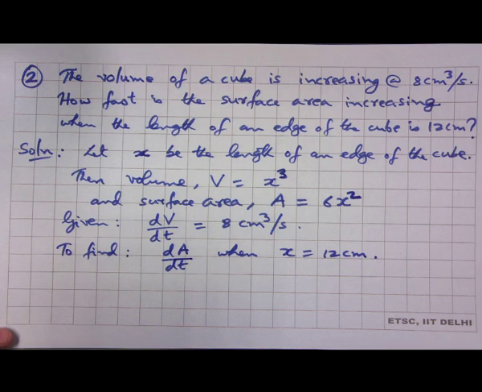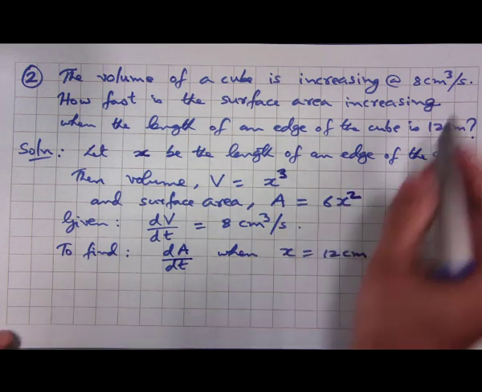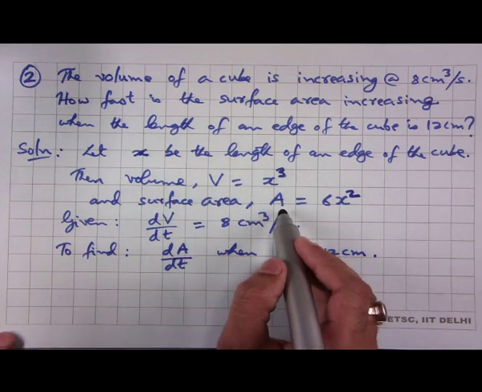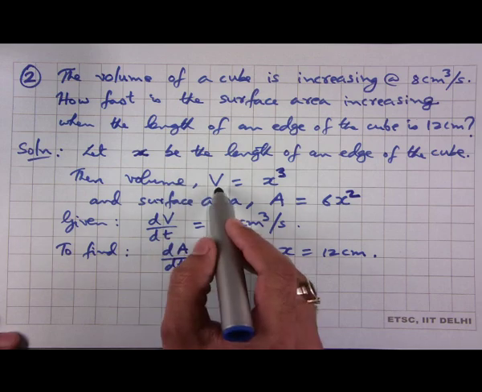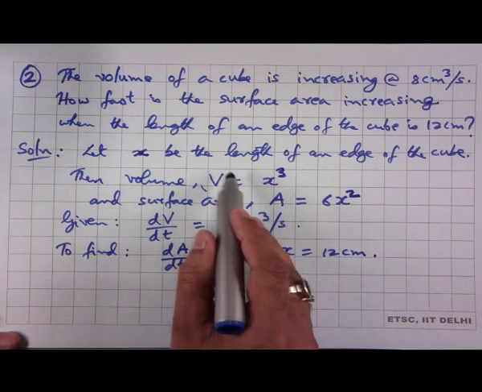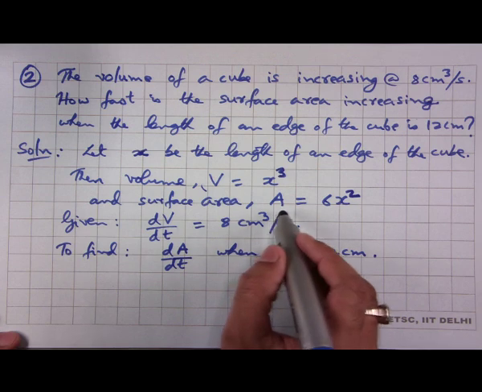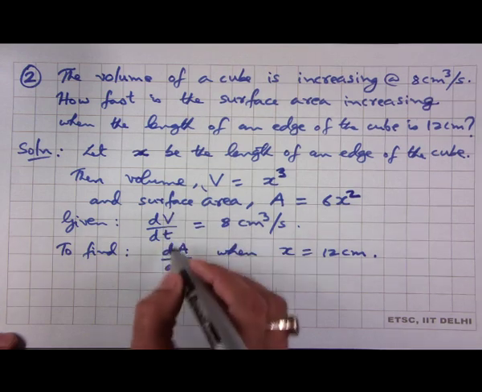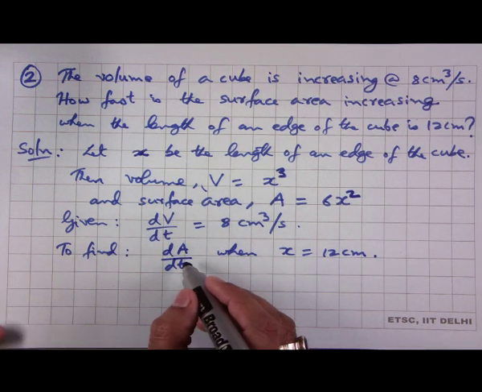If you see in this problem, we actually have 3 quantities which are depending on time. One is x, another is the volume which is x cubed, and surface area which is 6 x square, and we are given dV/dt, we want dA/dt.